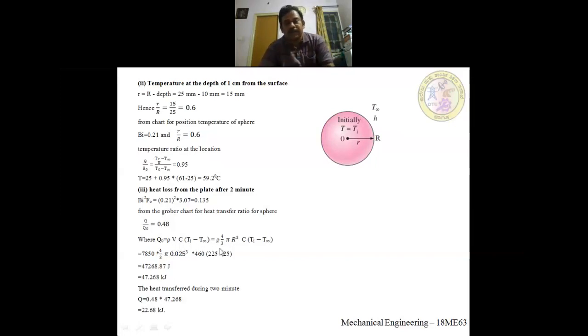You know the volume of a sphere is given by 4 by 3 pi r cube, so that is why it is in kilojoules.